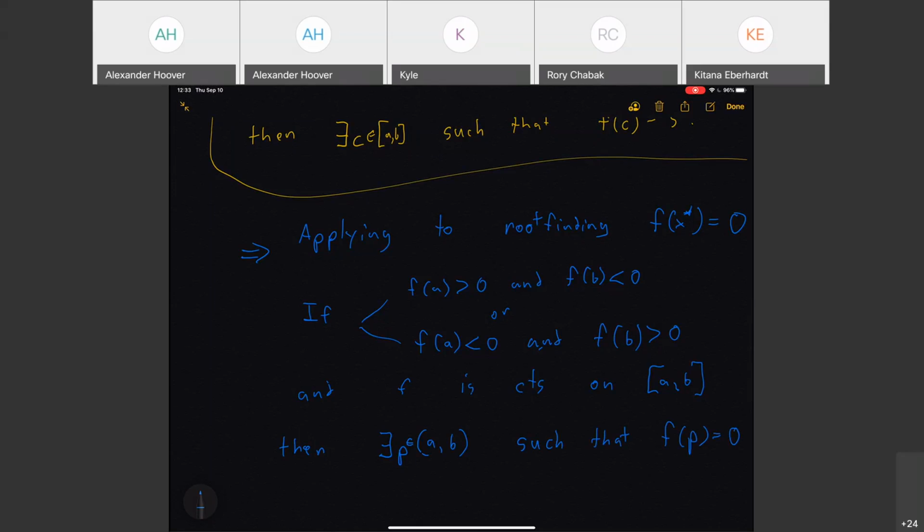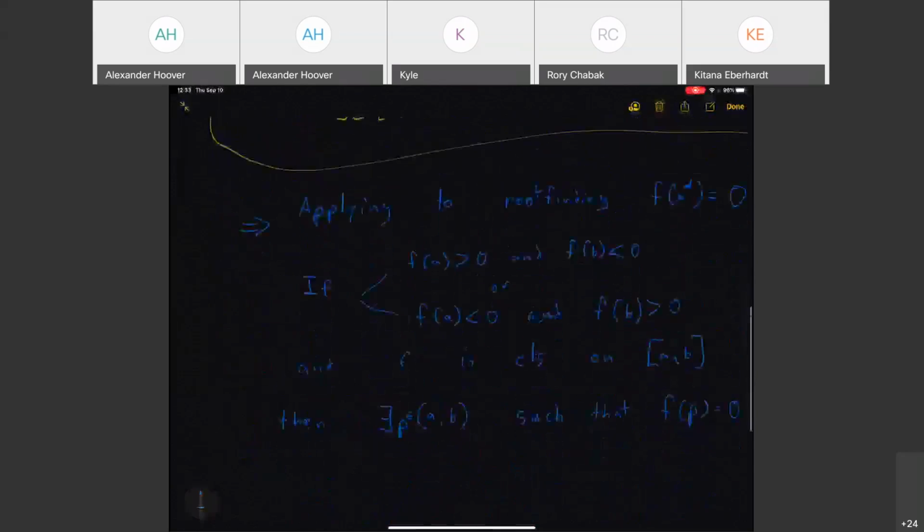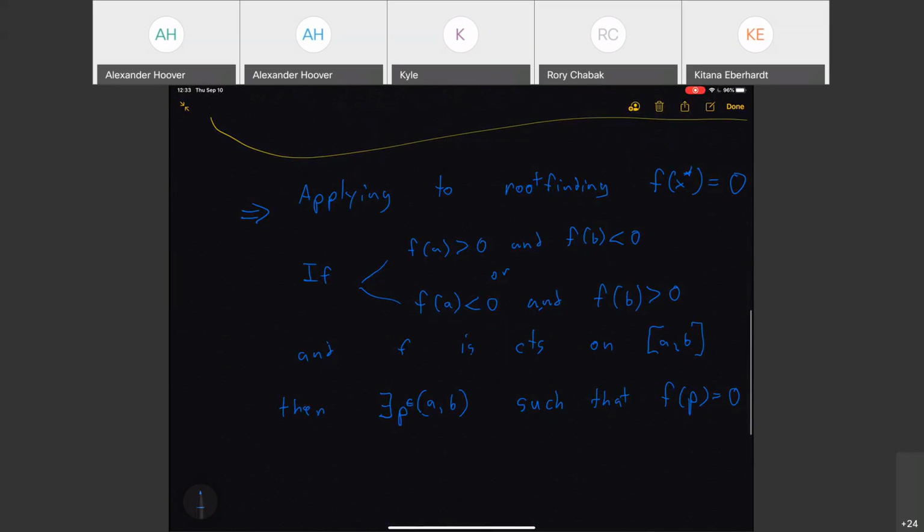And just to make sure that we're on the same page, I switched from c to p, more so just to be in line with Burden and Faires, so that we're in line with our textbook as well.